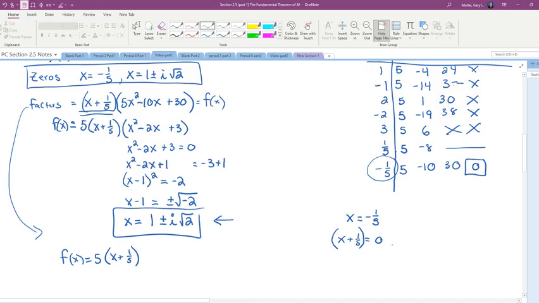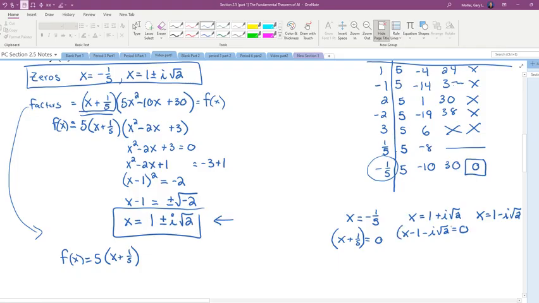Okay? So if we just follow that exact same pattern, I also know that there's a zero of x equals 1 plus i root 2, and there's a zero of x equals 1 minus i root 2. If I solve those individually to make them equal to 0, so I subtract 1 and I subtract i root 2, it now equals 0.